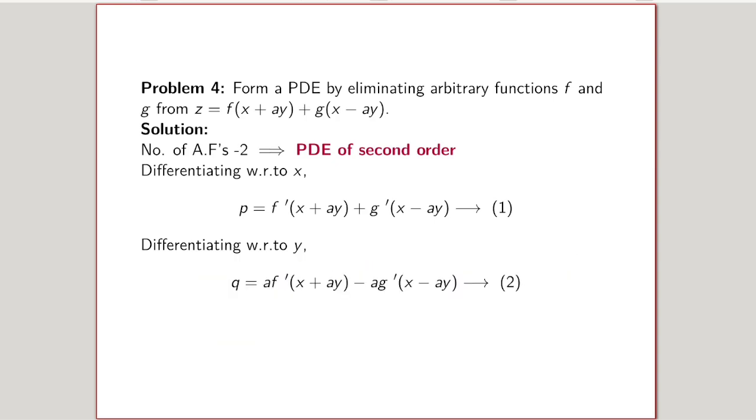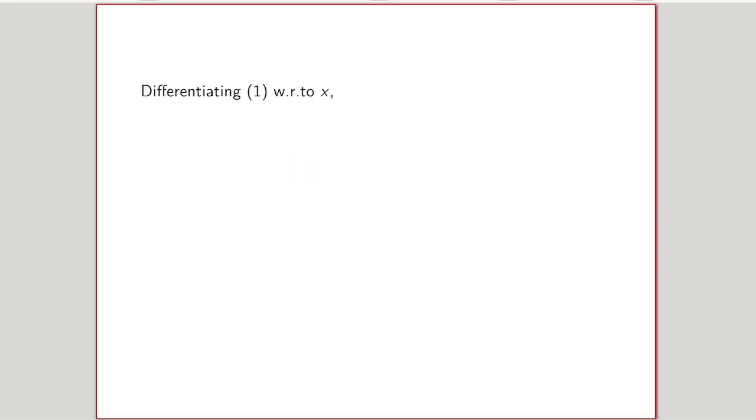And note that using these two equations alone, we cannot obtain the PDE because the PDE will be of second order. So again, we have to differentiate these equations with respect to x and y. So differentiating equation 1 with respect to x, if we differentiate p with respect to x, we will obtain dou square z divided by dou x squared, which is equal to f double dash of x plus ay plus g double dash of x minus ay.